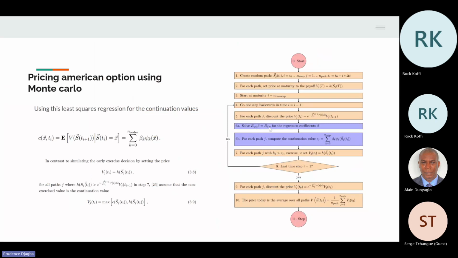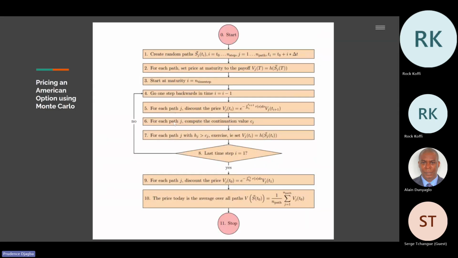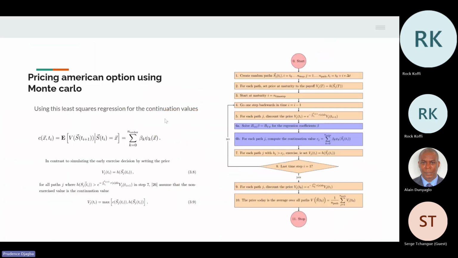Okay, so as I mentioned earlier, at step 6, we needed to evaluate the continuation, which is a very important step in the algorithm. The continuation: we build a vector that contains the discount factor of the exercise payoff at T+1, conditioned on the stock price at T. So that's the expectation.